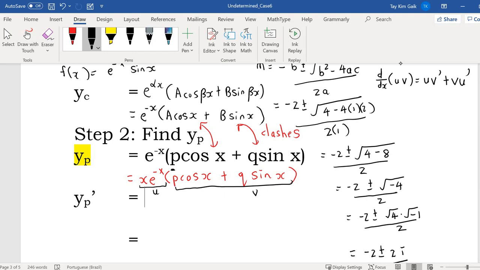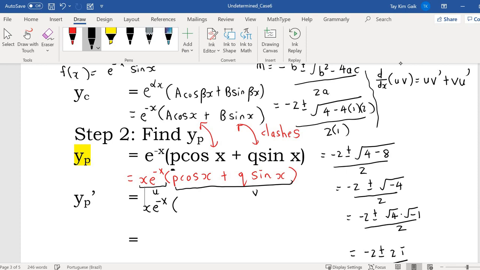And here, in order to differentiate u, you need to use the product rule again. Okay, I follow here first, u v prime, so I copy it down. u is x e^(-x).